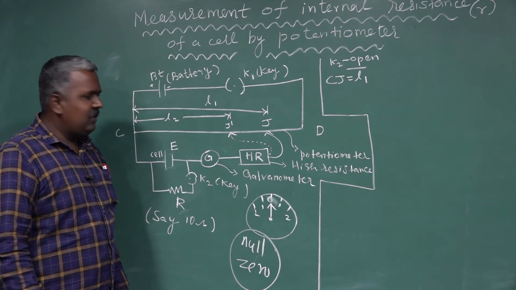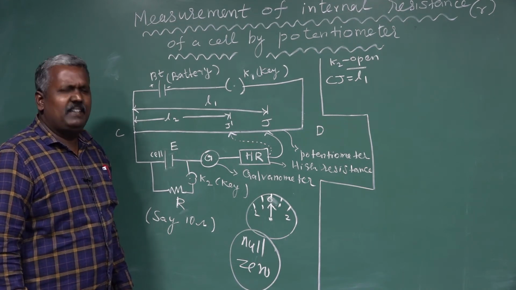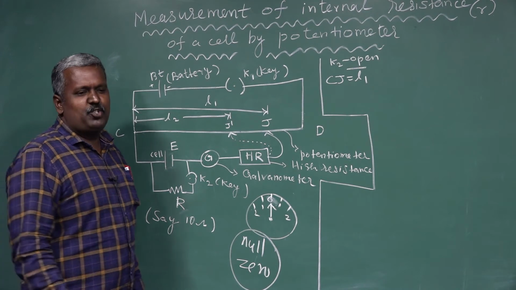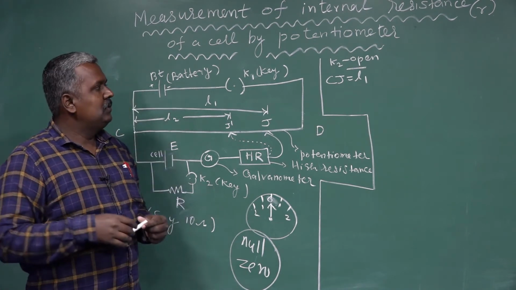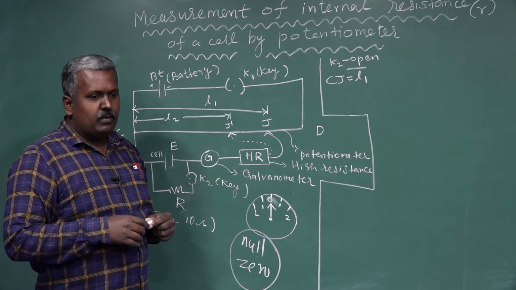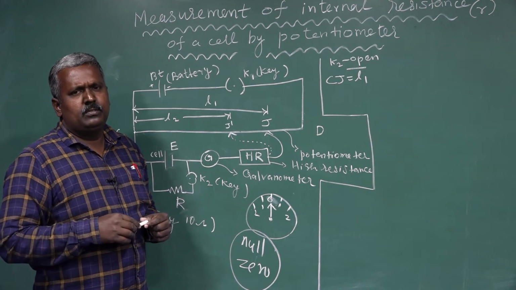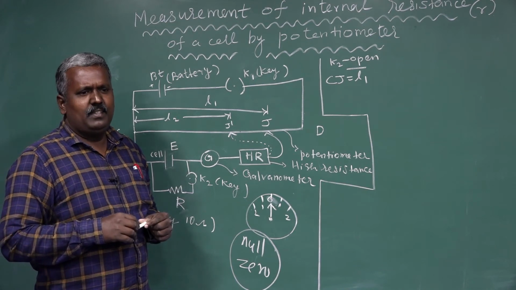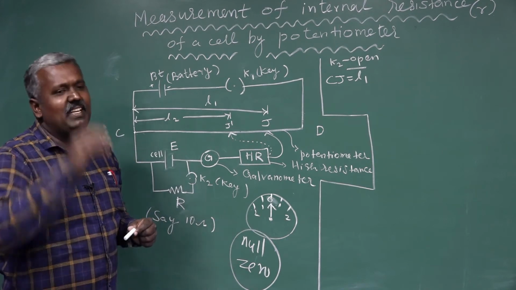Okay. Then according to the principle of potentiometer, come and tell me, what is the principle of potentiometer? Very good. The EMF of the cell is directly proportional to its balancing length.